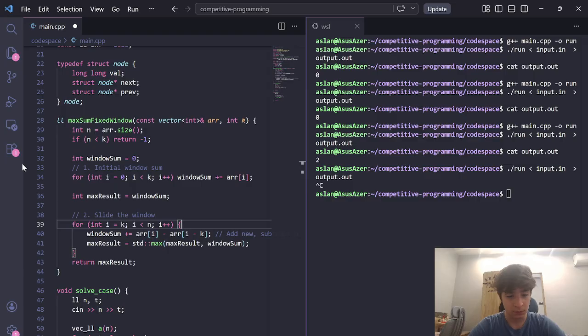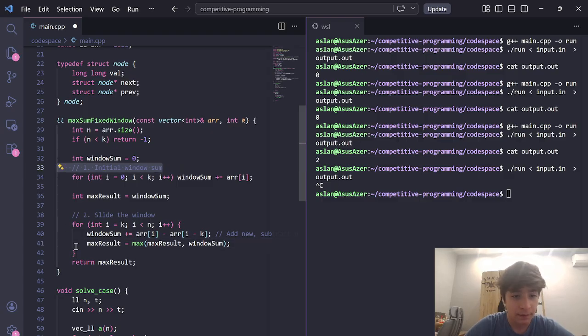Window sum is close to the array i minus array a. Add new, subtract old. Oh, that's what I need. Pretty cool. But what's k? Like size? Wait. It's the length. Yup.